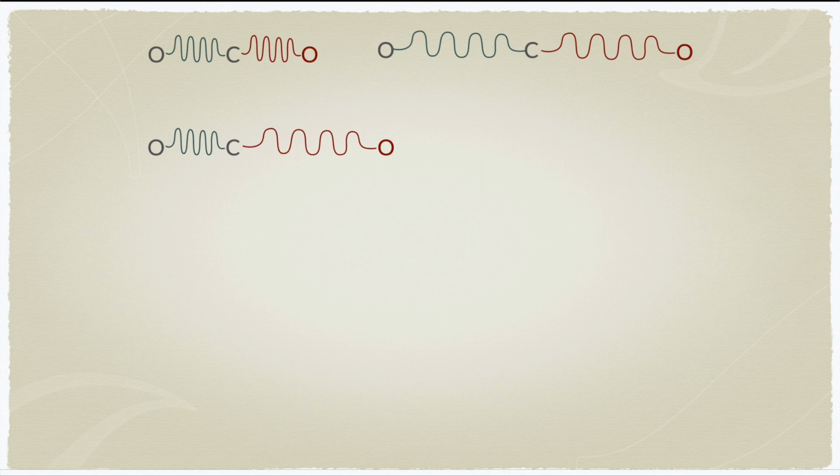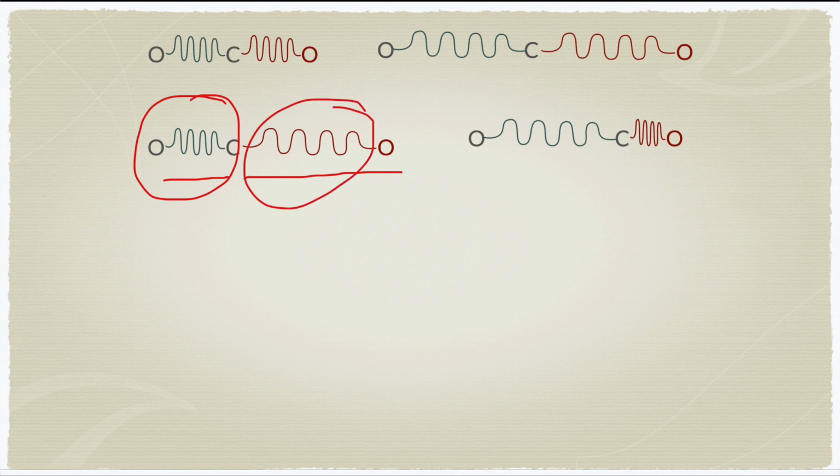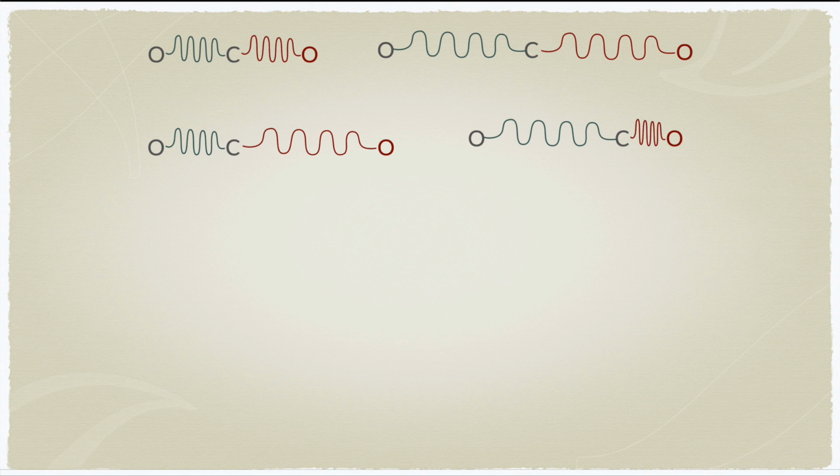Now let's take a look at the second possible stretching. Now this molecule can stretch only on one side, or only on this side. So what will happen now? Because this distance is longer than this side, the magnitude of the bond dipole moment will be different between these two. So that means there is a change in the dipole moment of the molecule. If both lengths are the same, the dipole moment will not change.